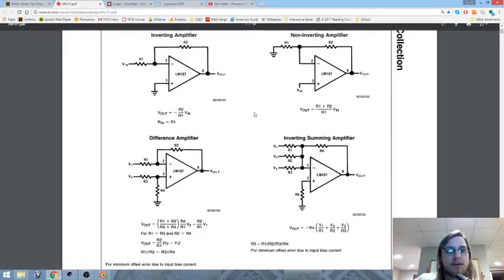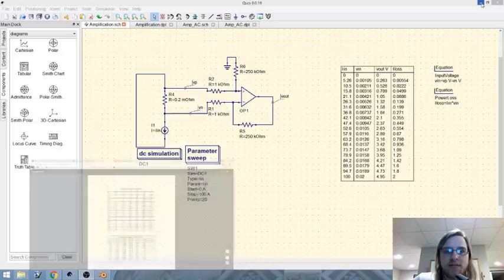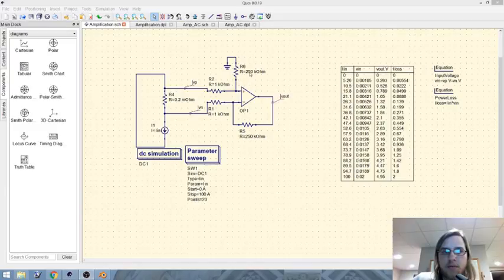There are documents that exist, like this one here, that show standard resistor values, and I look for 250, and it looks like the closest I can get is 240. And I'd recommend undershooting so you don't go higher than the voltage that your ADC is good for. You want to go a little bit under just to be safe. So what we're going to do is we're going to change these to 240.